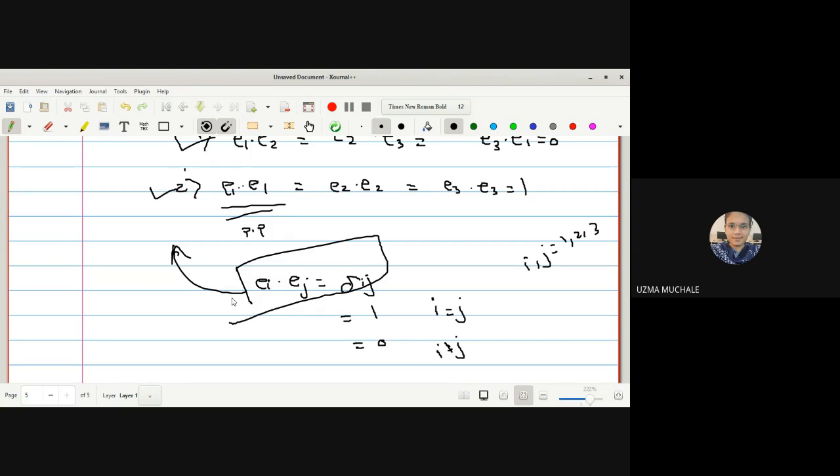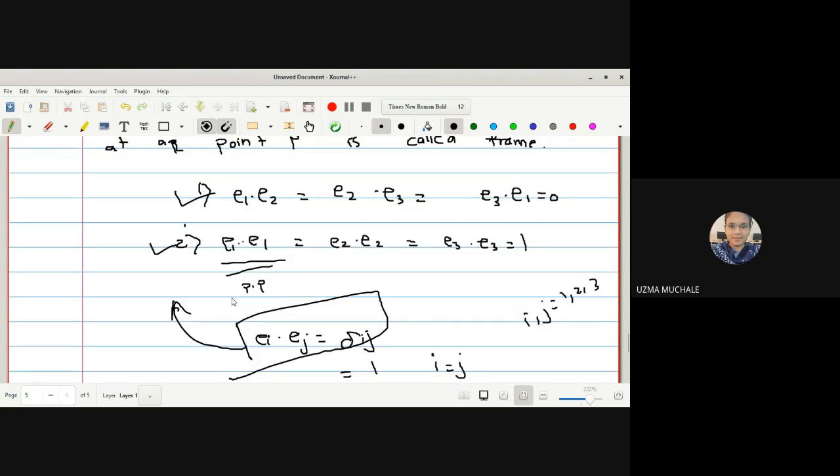So what are the main properties of your frame? Firstly, they are orthogonal, secondly, they are unit vectors. Orthogonal means the dot product of any vector with any other vector is 0. Why will this be 0? E1, E2, E3 are unit vectors in the direction of the x, y, and z axes. So the dot product of the x axis with the y axis is 0, and of any axis with any other axis is 0.